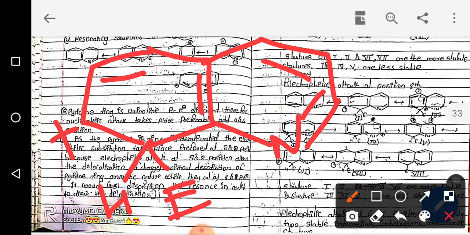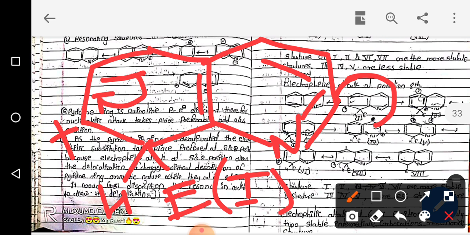Now the resonance structures are obtained, so this bond is shifted here. This is the first structure mentioned in our notes. If you have problems with the notes, you can draw from this screen also. So this is the first step of this reaction.